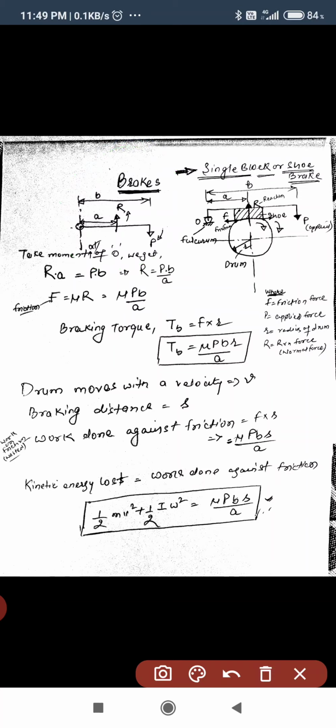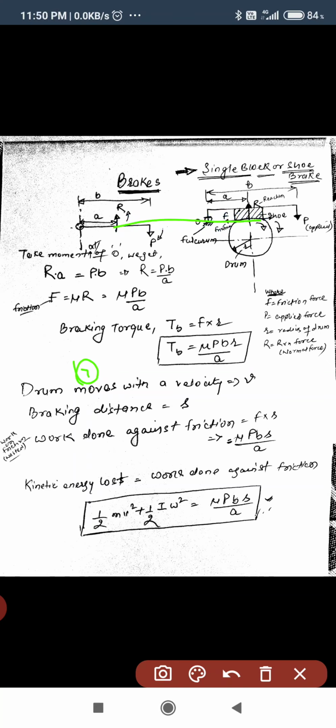This is not a free body diagram, this is a basic line diagram, and I solve all the forces accordingly. So here we have this fulcrum point. I am talking about the fulcrum. The fulcrum is along the direction of this frictional force.